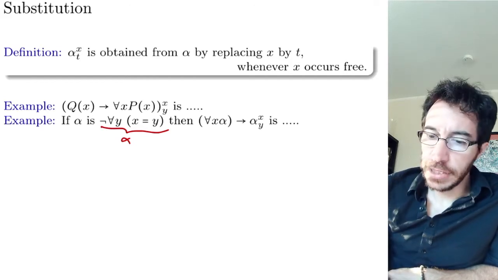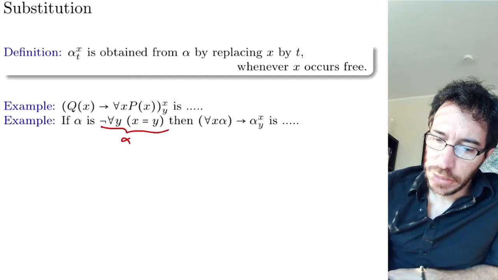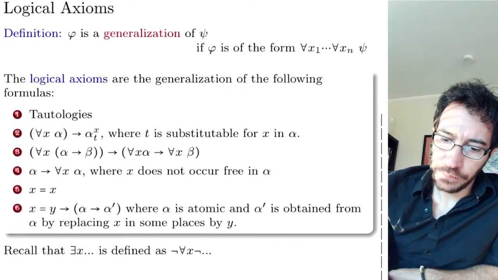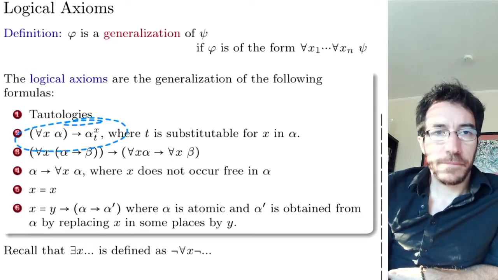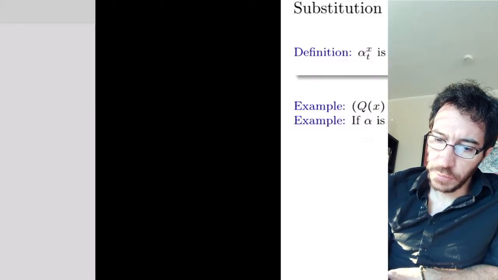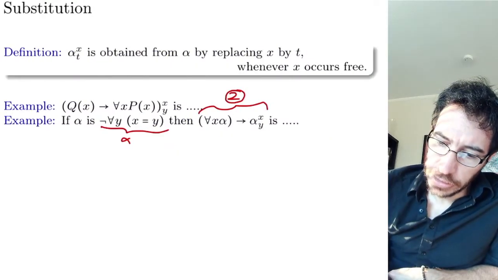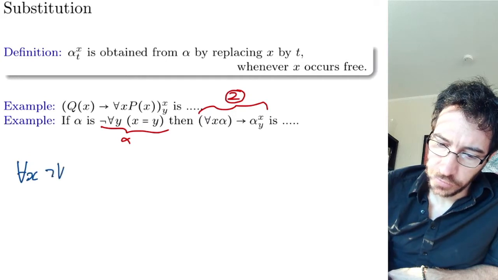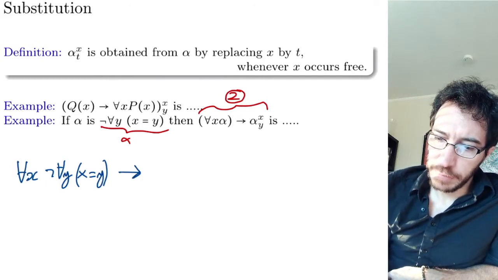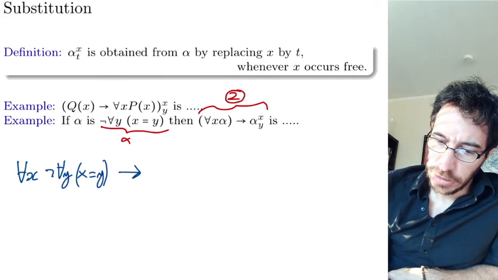Notice this is essentially an instance of group 2 in the axioms, for t equals y. Let's see what we get. We get for every x alpha, not for every y, x equals y, implies, and now we have to replace x by y in alpha.